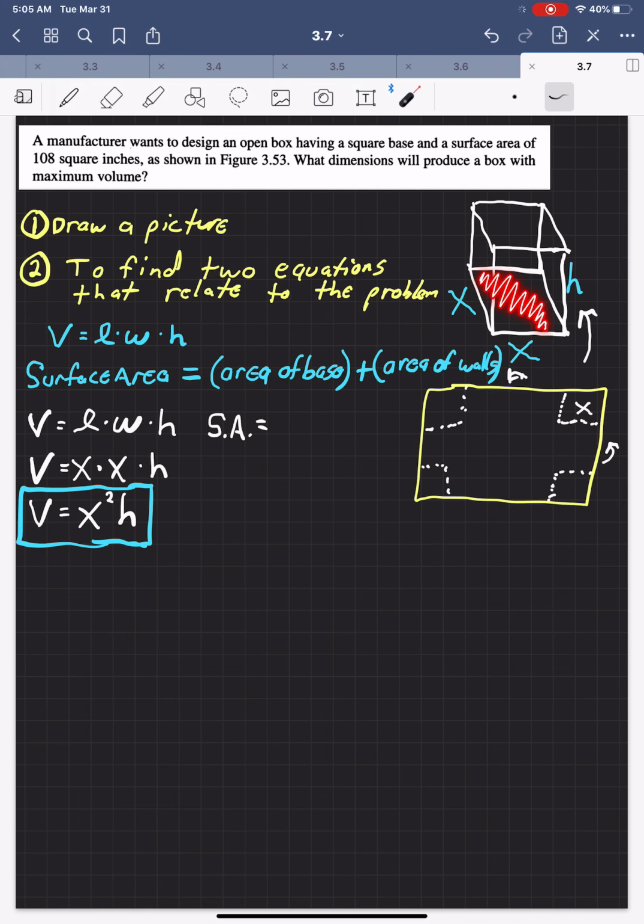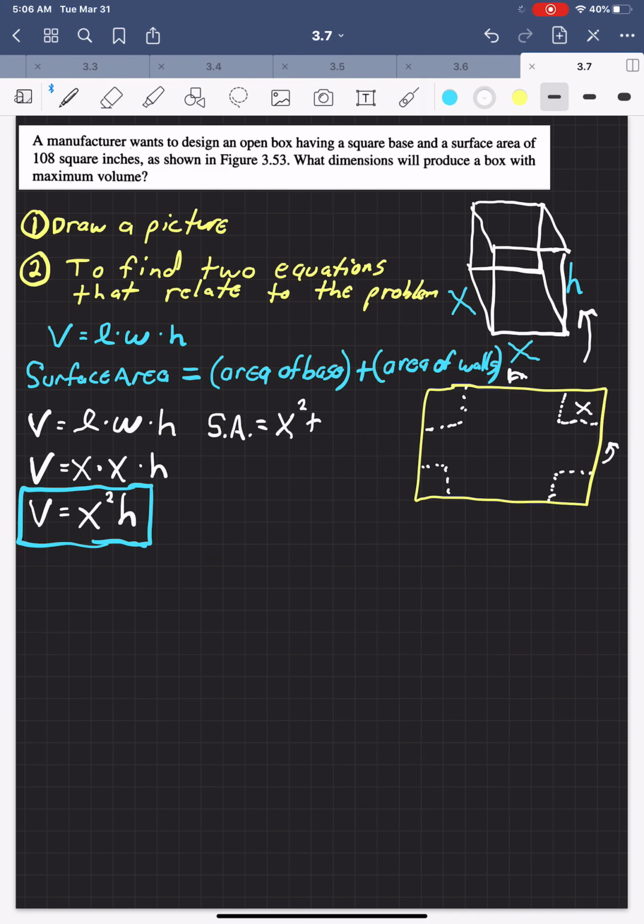Well, area is always going to be length times width, so that's just x times x. So far so good. So that's x squared plus, now the area of each wall. You can imagine each wall has its own area. And how many walls are there? Well, there's 4 of them.